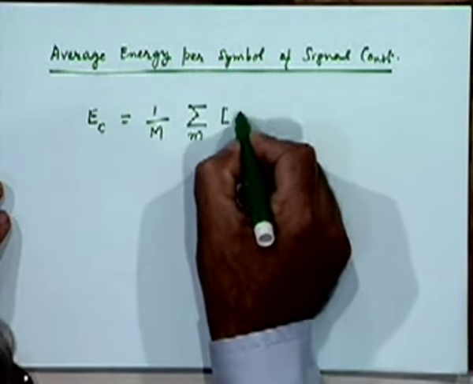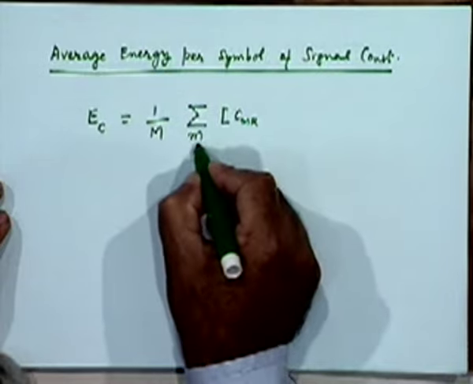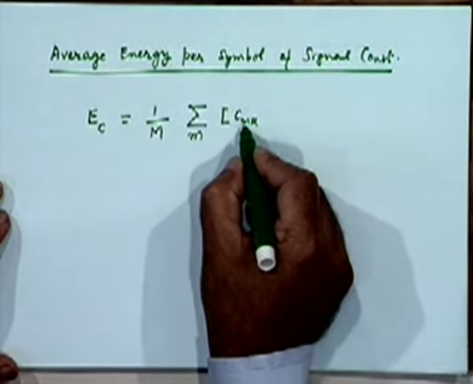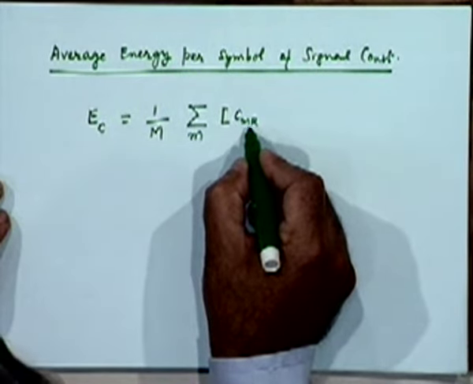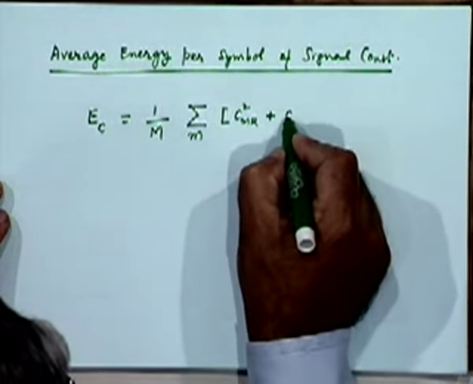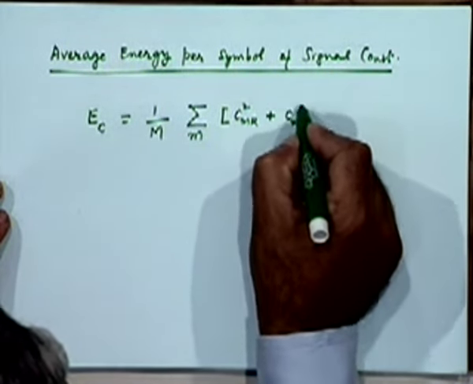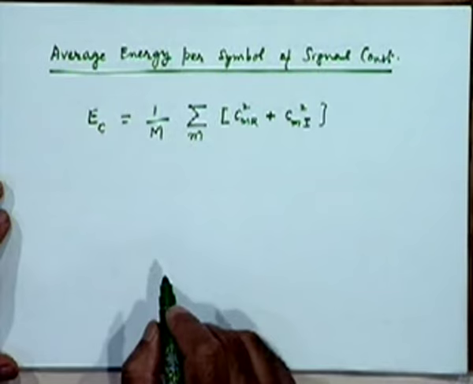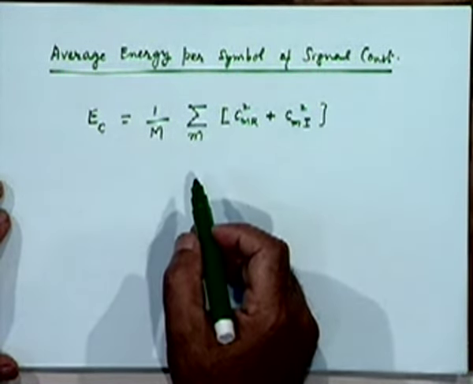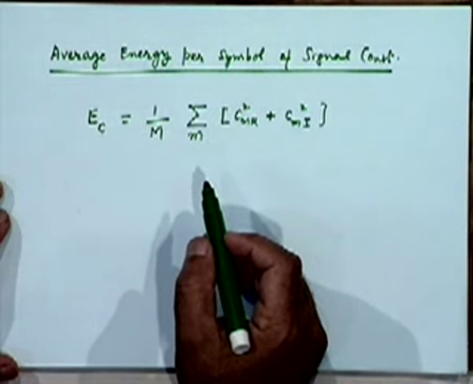So if I define the real component of the mth symbol, or the mth point in the constellation, as C sub mr, then C sub mr squared plus C sub mi squared, which represents the imaginary component, defines the average energy per symbol for a given constellation.